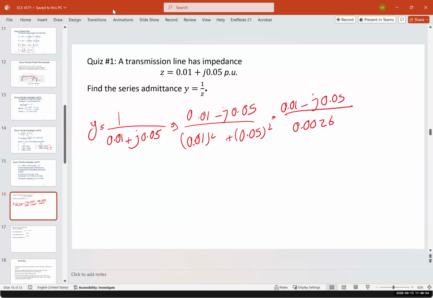Now, if we divide each term, we get Y equal to 3.846 minus J19.231.